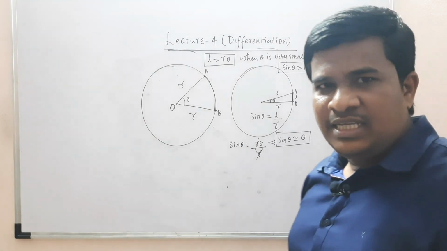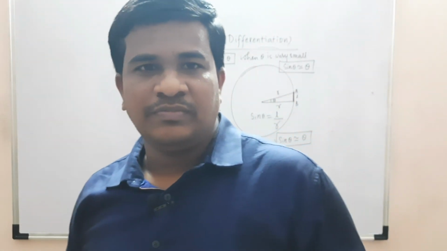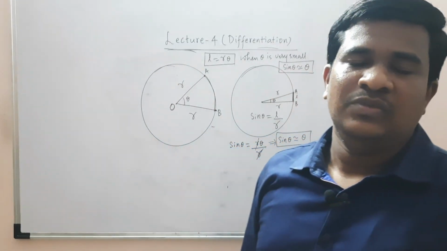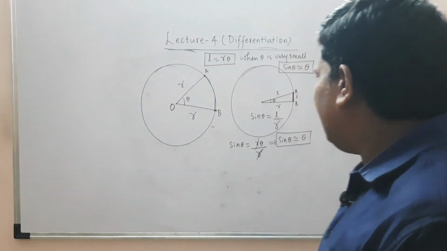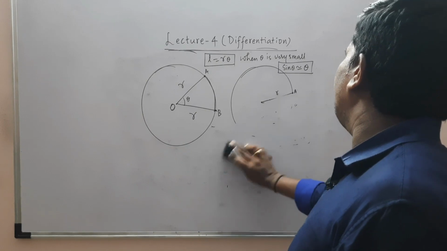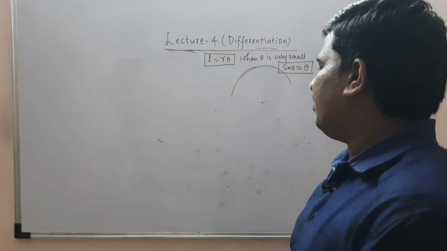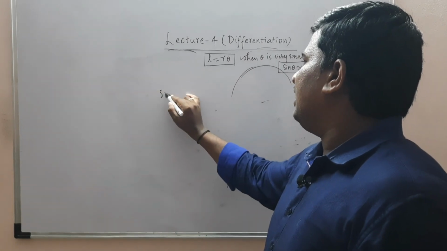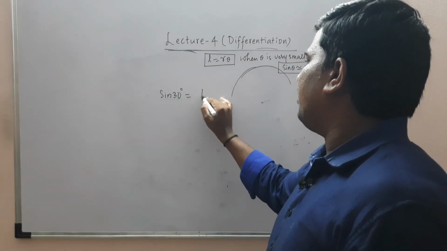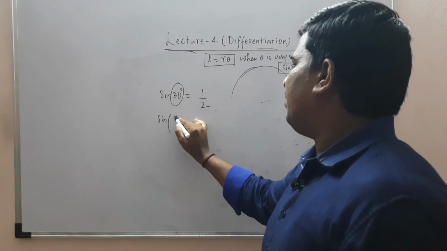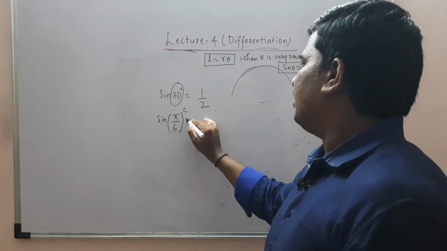You can understand it like this. If theta is 0, sine 0 is 0. You can even take 30 degrees. Sine 30 is 1 by 2, but if you consider this in radians, sine pi by 6 radians is 1 by 2.